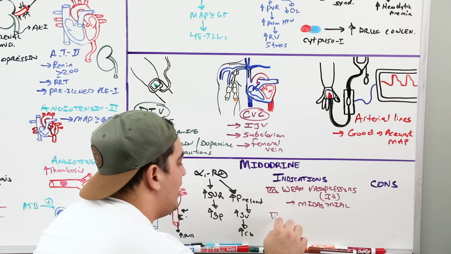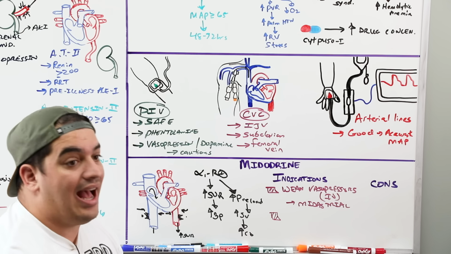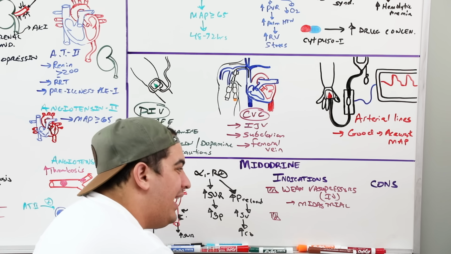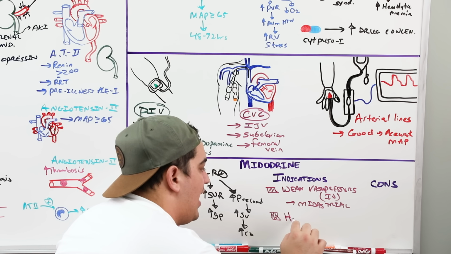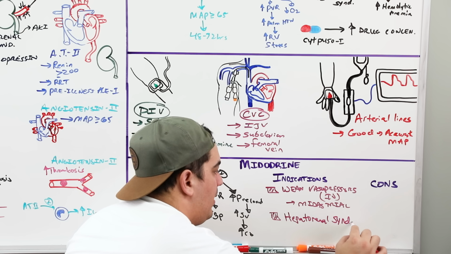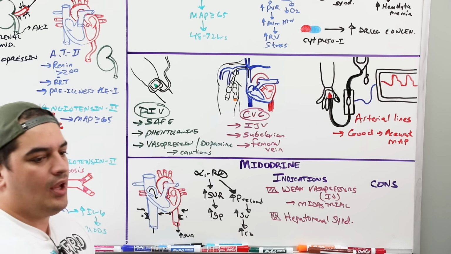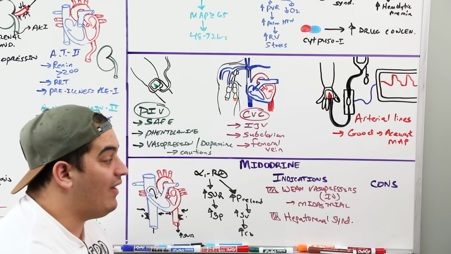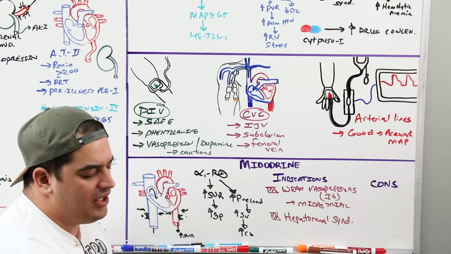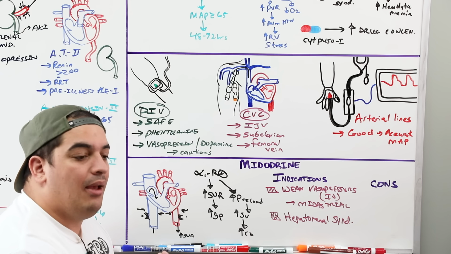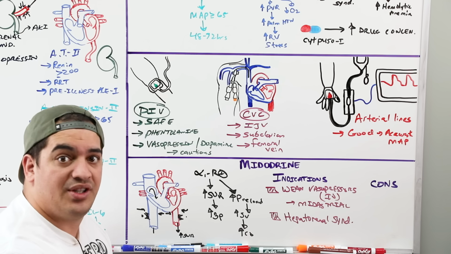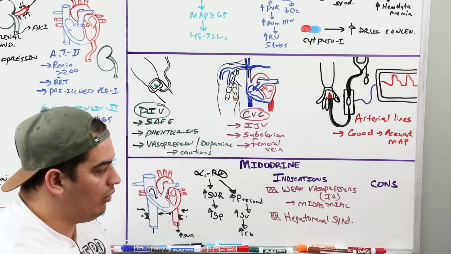The other utilization of this drug, where it may actually be beneficial, is if a person has what's called hepatorenal syndrome. In a person who has hepatorenal syndrome, it may work by causing some splanchnic vasoconstriction, helping to increase the flow through the portal vessels.